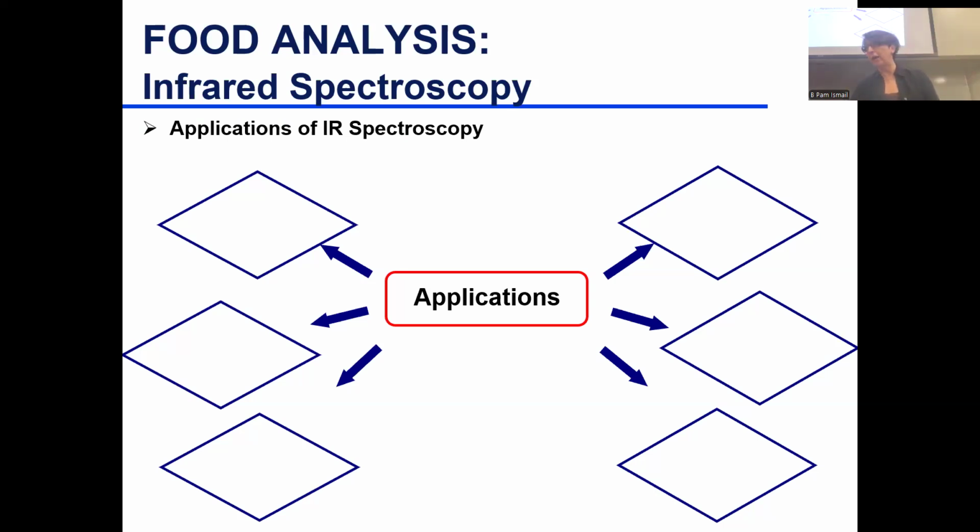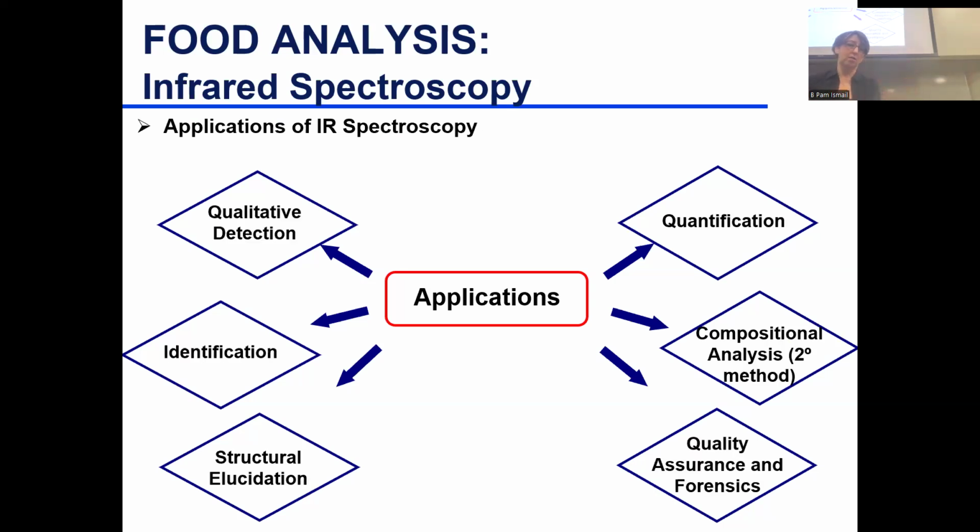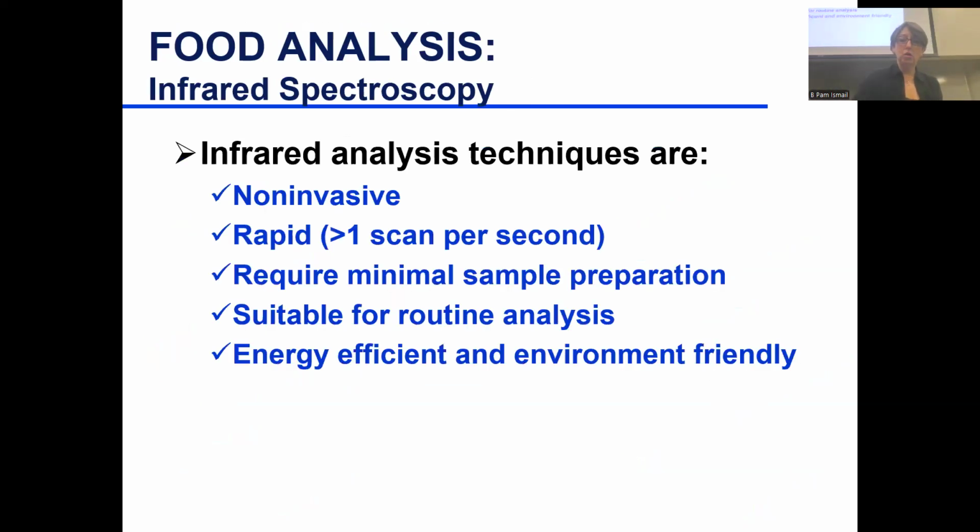Do we do any quantification? Yes. So we can do compositional analysis as a secondary method of analysis. And then we can use it for quality assurance. So these are the applications and the categories of these applications.